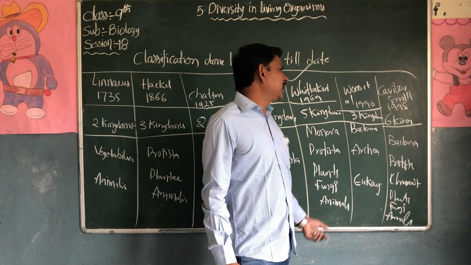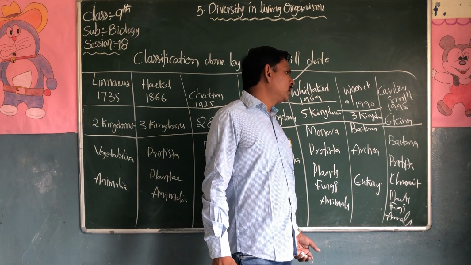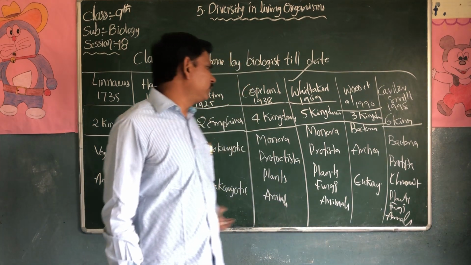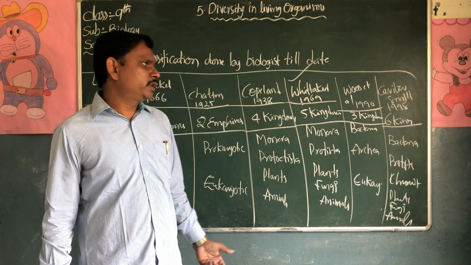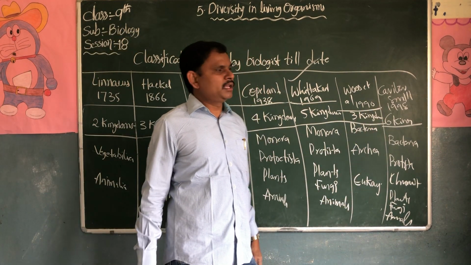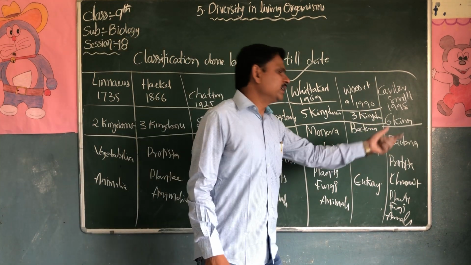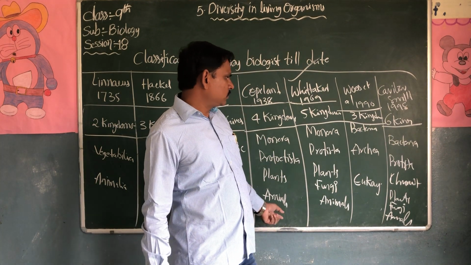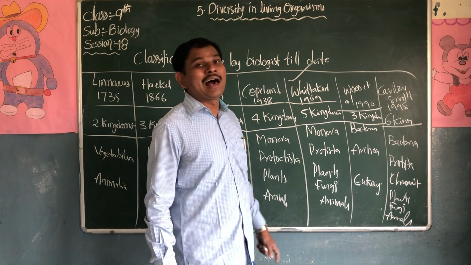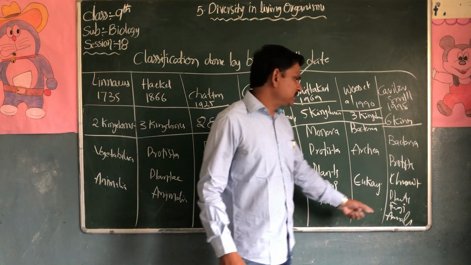Finally, Cavalier Smith in 1998 divided 6 kingdoms. Already 5 kingdoms were found by Whittaker, but in 1998 he gave Monera the name bacteria. Protista is already there. Then chromist, which is nothing but algae.